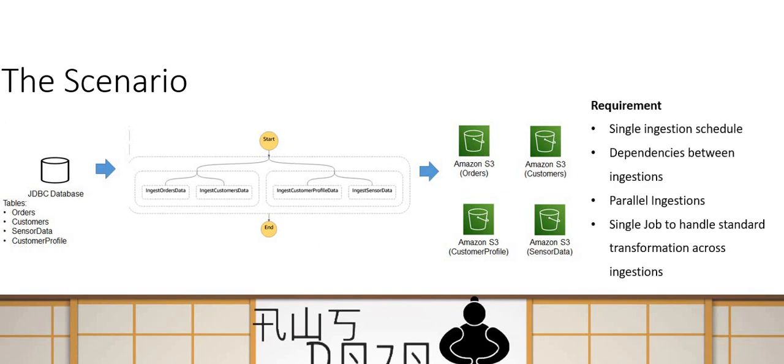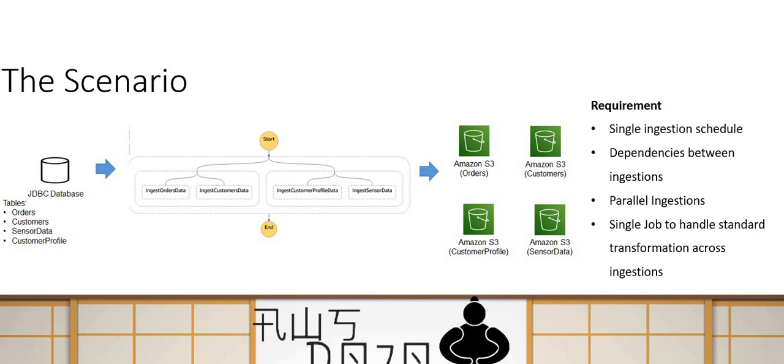This single pipeline based design is built in order to meet certain requirements. The requirements are that these tables have a single ingestion schedule, which means that all the tables have to be ingested at the same time.